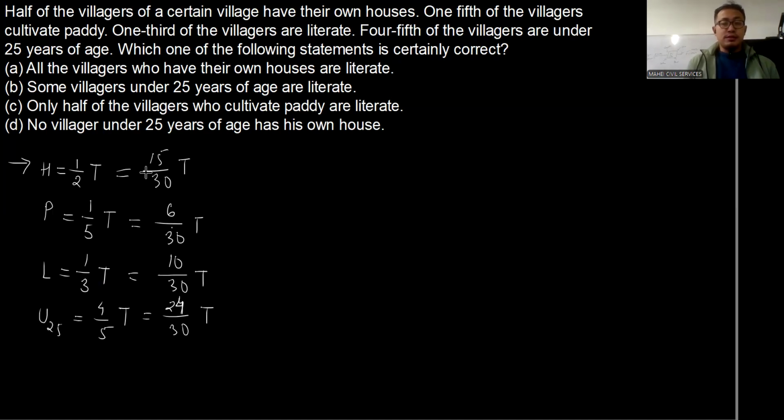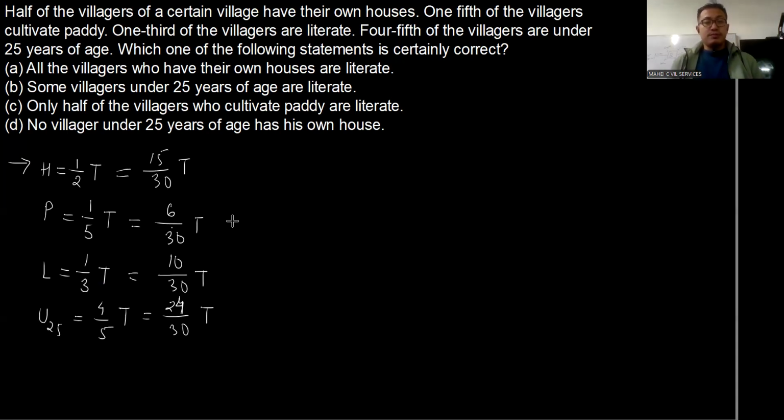Then, 1/5 of the villagers cultivate paddy, 1/3 of the villagers are literate, 4/5 of the villagers are under 25 years of age.